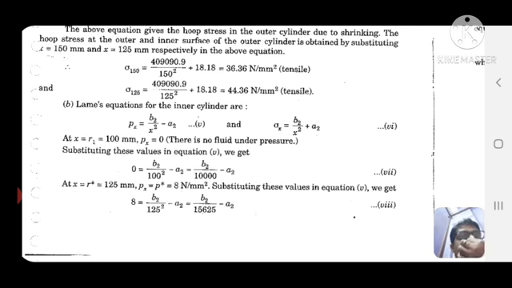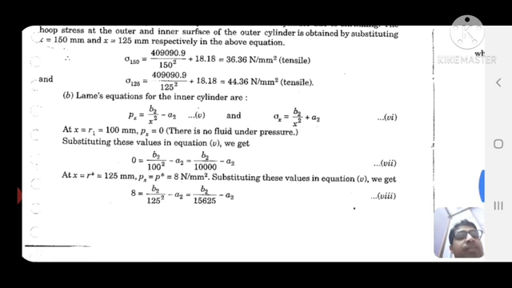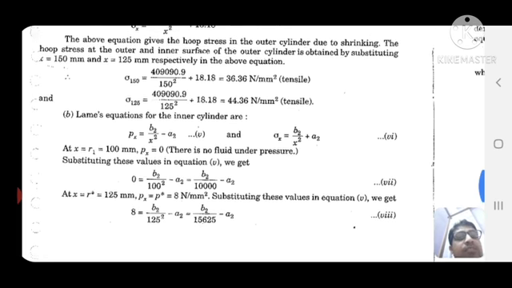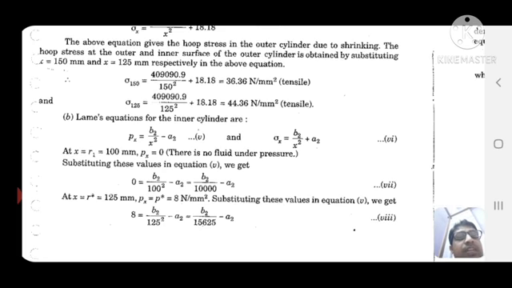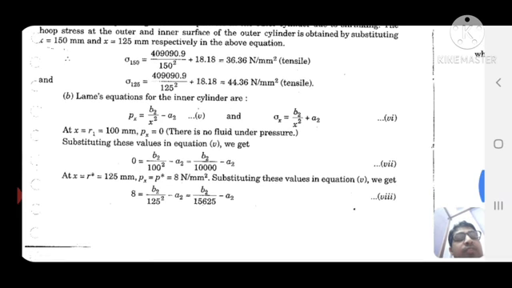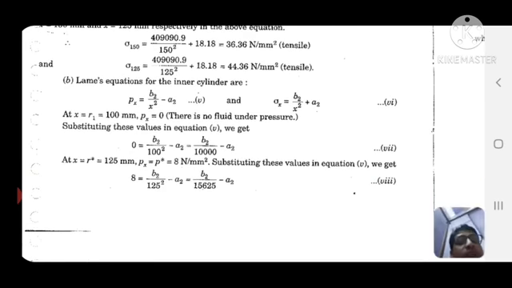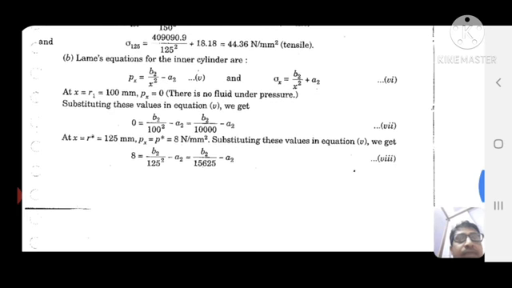The hoop stress at the outer and inner surface of the outer cylinder is obtained by substituting x equal to 150 mm and x equal to 125 mm respectively in the above equation. So sigma 150 equal to 409090.9 divided by 150 square plus 18.18. After calculating, that is equal to 36.36 Newton per millimeter square.